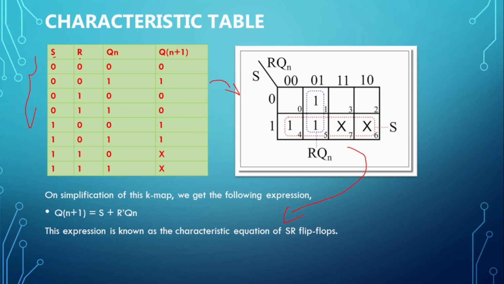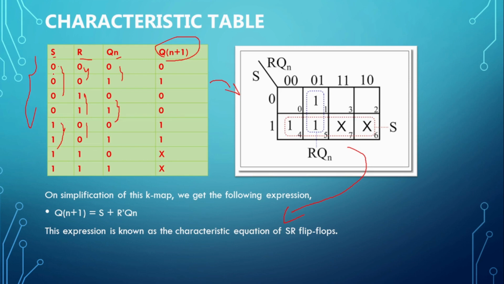Consider these three variables to provide an equation of Qn plus 1 as output. If you have three variables, you first fill the first variable with 0000 1111, then the second variable with 0011 0011, and the Qn is filled with 0101.